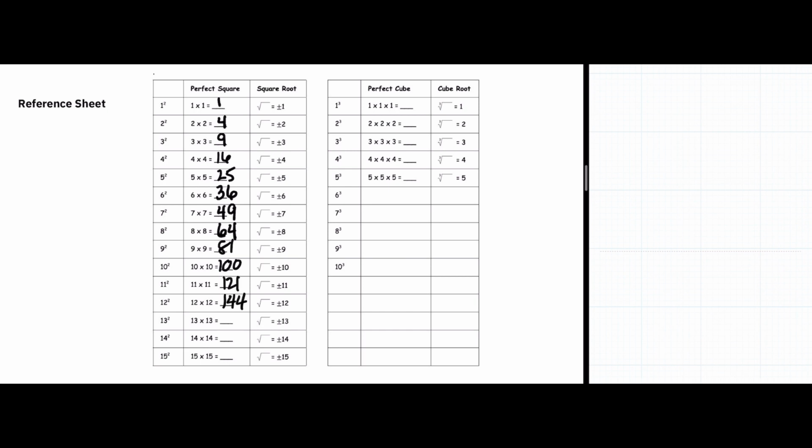Now, most people have 12 times 12. 13 times 13 is 169. 14 times 14 I actually don't have by heart, it's 196, and 15 times 15 is 225. So we have all those.